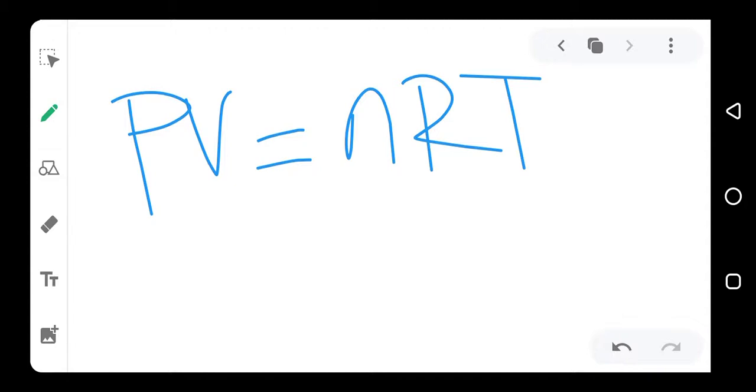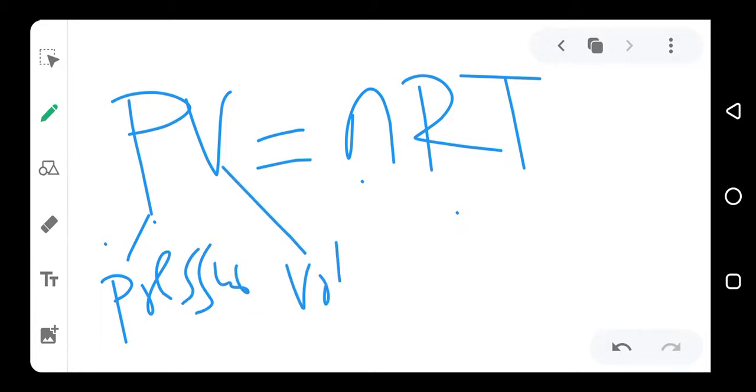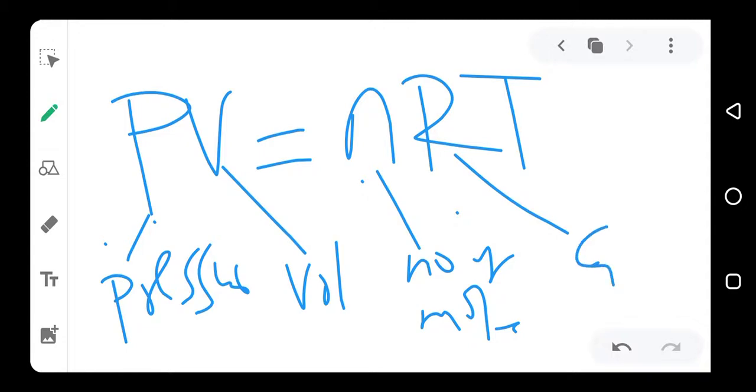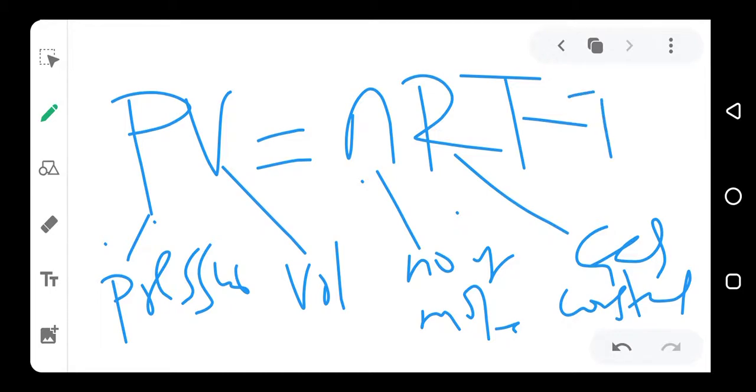This is pressure, the product of pressure and volume is equal to number of moles times gas constant times temperature. Here, P is equal to pressure, V is equal to volume, n equals number of moles, R equals gas constant, and T is equal to temperature.